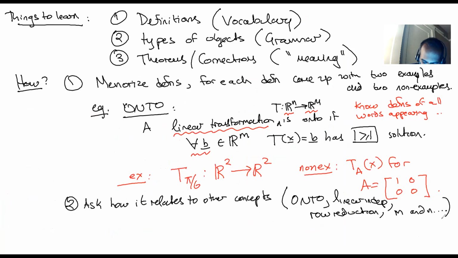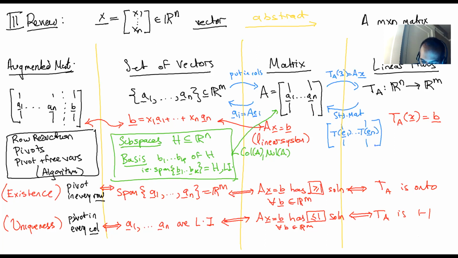So ask yourself questions, I think, is a good way to think about this. While many connections are spelled out here, these are not all the connections. There are other ones that I'll ask you about. I'll show you a concrete example in a moment.